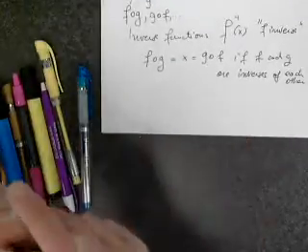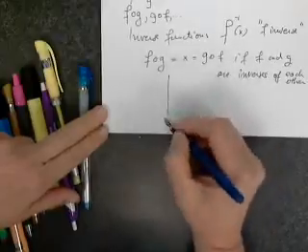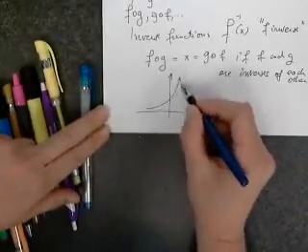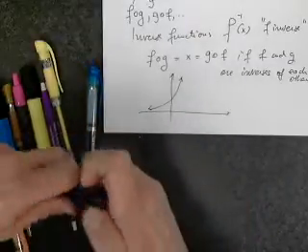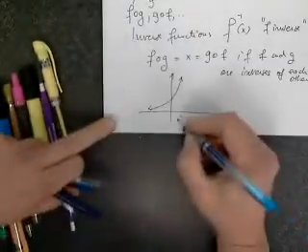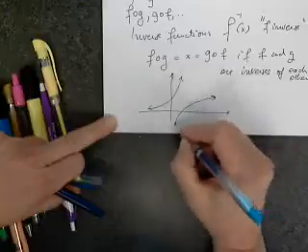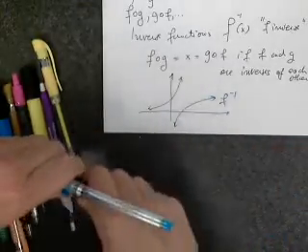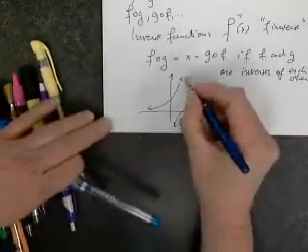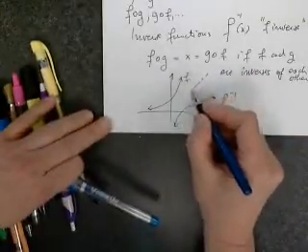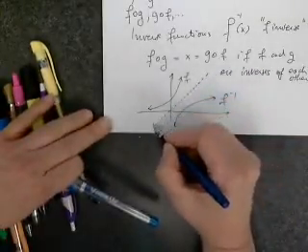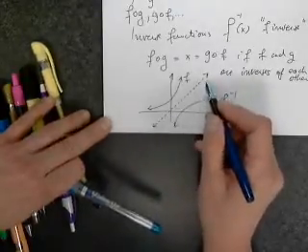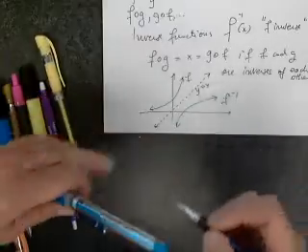We also showed last time that the graph of a function, if it is one-to-one, will have a graph of f inverse symmetric with respect to what line? Which line is this? Y equals x.